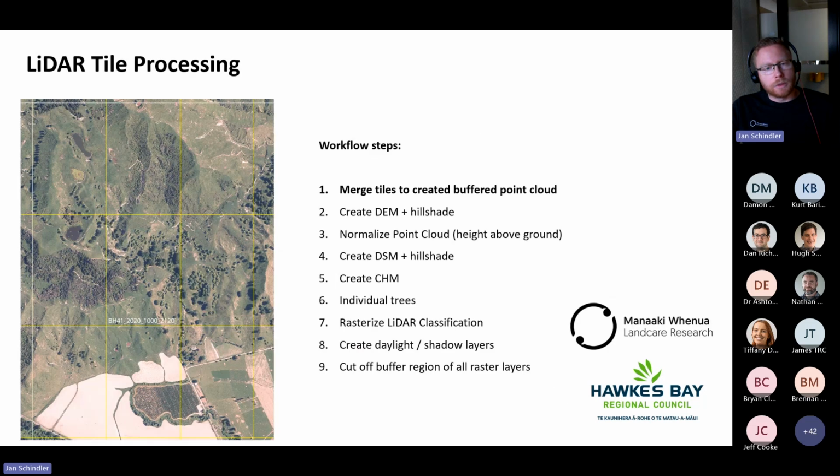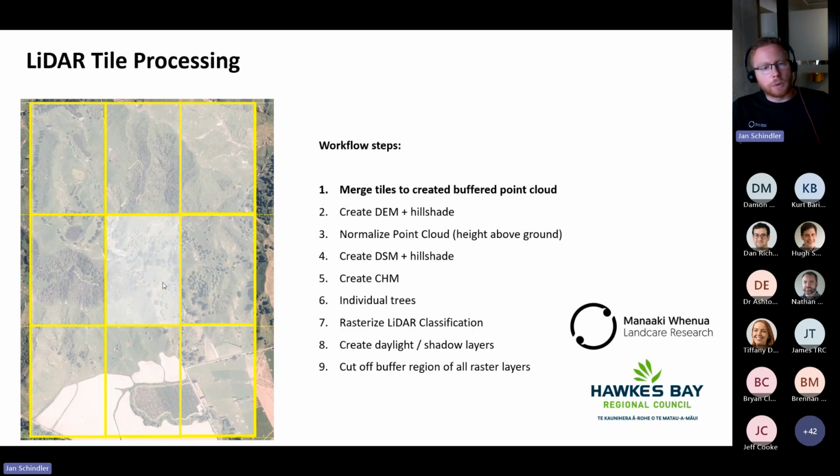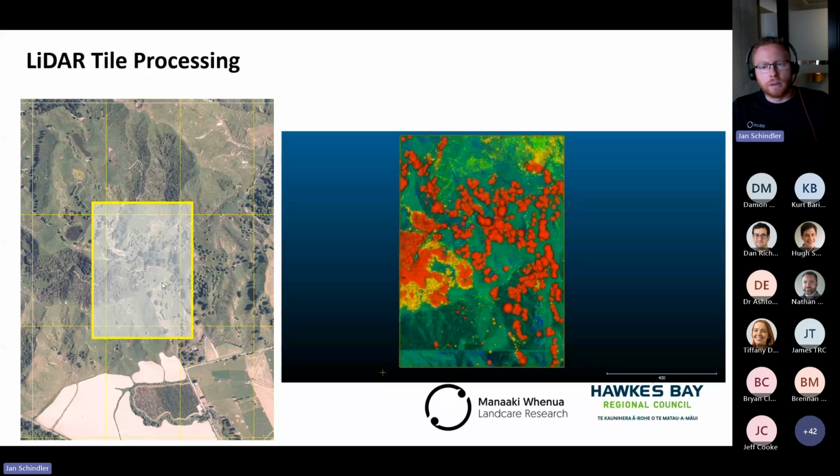And I want to explain to you how this is sort of generally done. So if you want to process one individual tile, you'll find out that it creates some boundary artifacts at the edges. So the way I do it, or tend to do it, I sort of merge the surrounding LiDAR tiles with the central one, and then clip it back to create a buffered LiDAR point cloud.